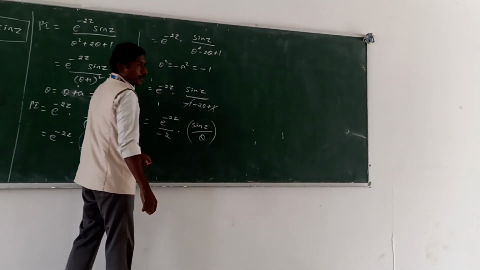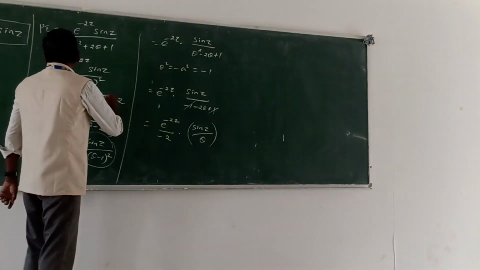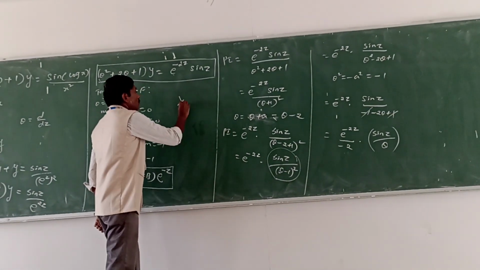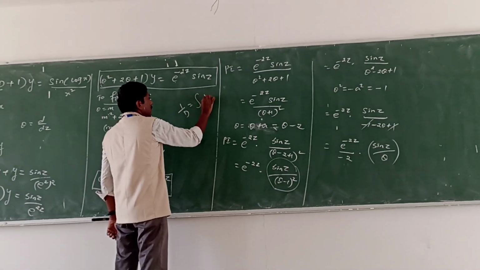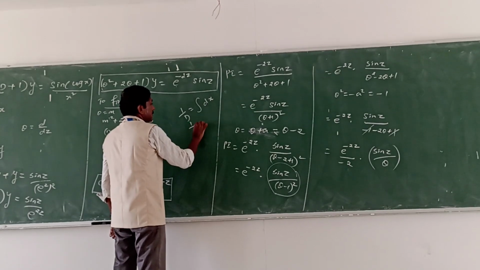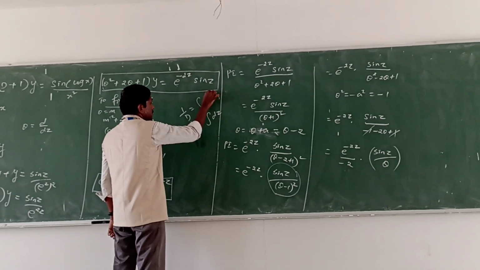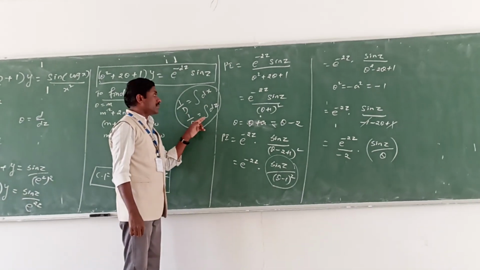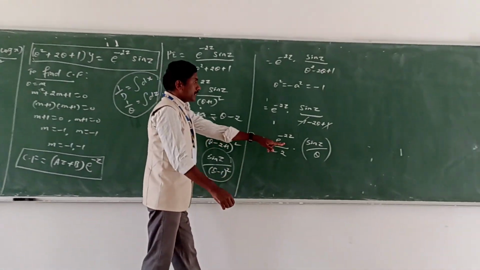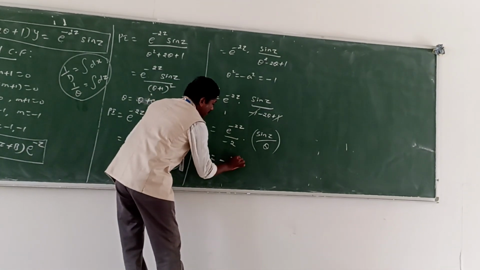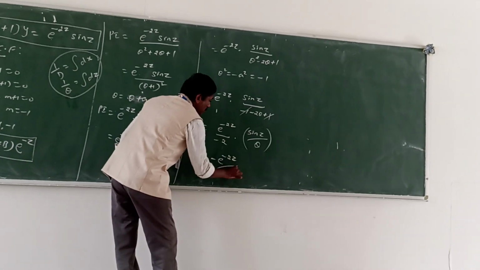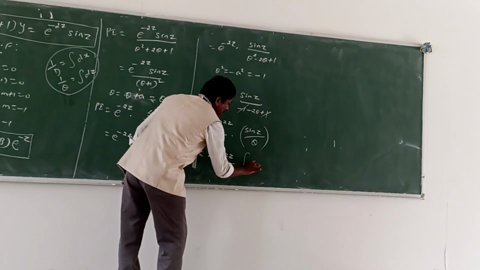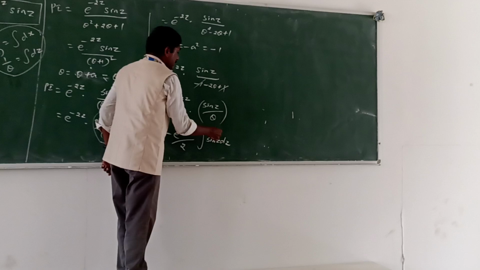So evaluate this part. We know that 1 by D stands for integral with respect to x, and 1 by theta stands for integral with respect to z. This becomes minus e power minus 2z by 2, then integral of sin z dz.